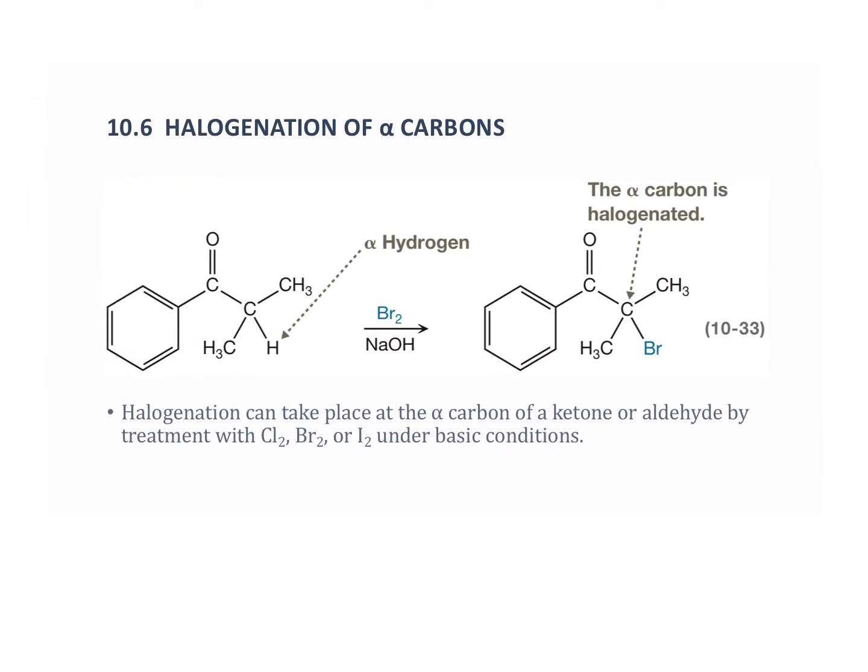For example, we've got 2-methyl-1-phenylpropan-1-one here, and it has no good leaving group, okay? But when the ketone is treated with Br2 under basic conditions, a good Br leaving group is placed on the alpha carbon.